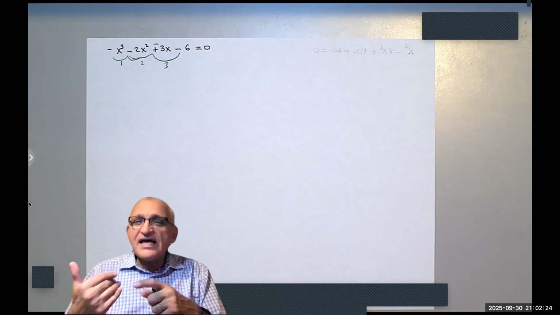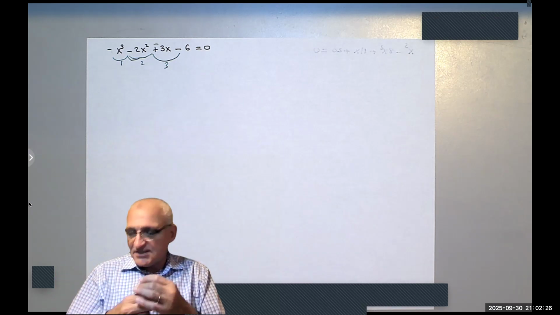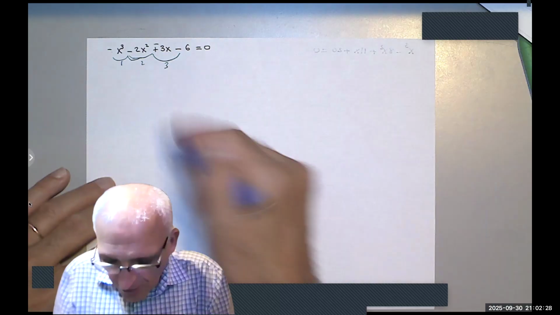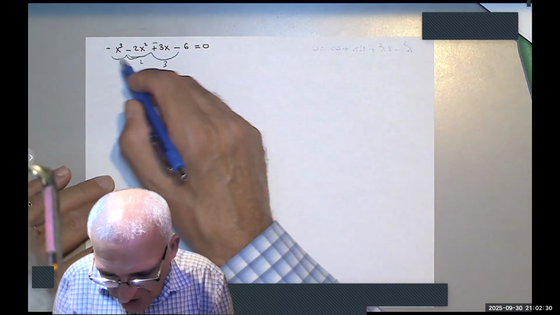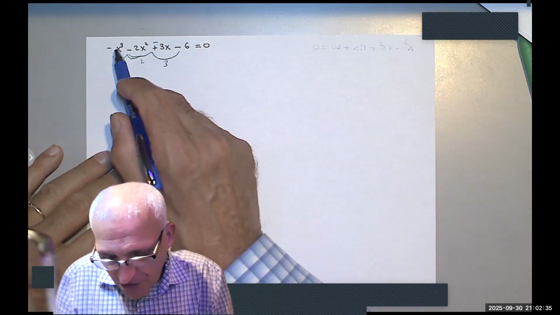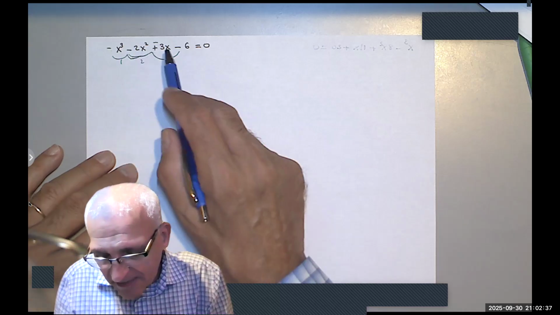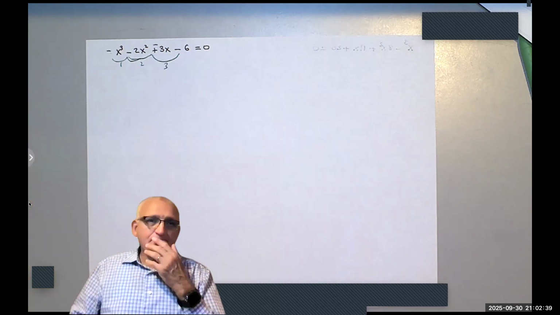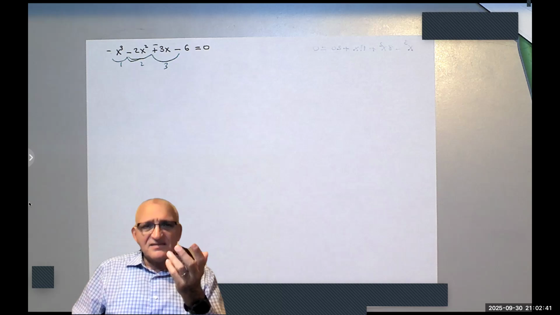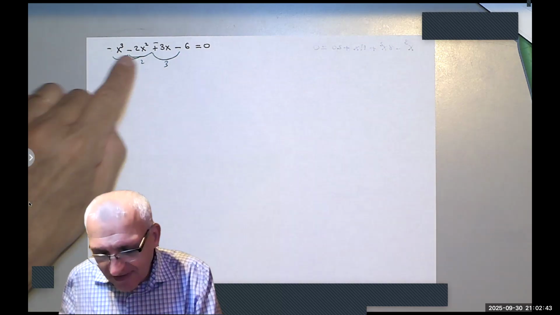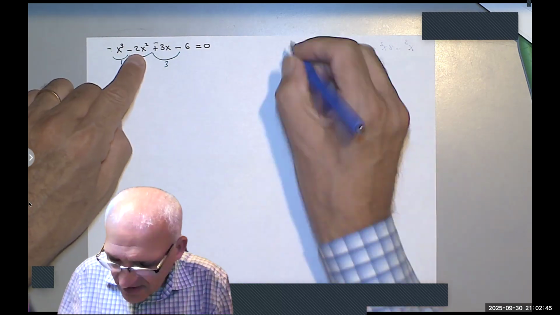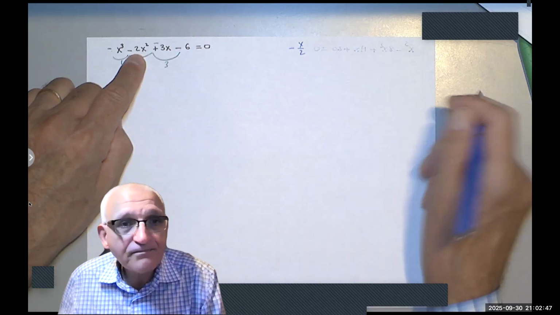If not, the second thing you have to look for is the ratio of the first two terms. Is it the same as the ratio of the third to the fourth? What is that? X cubed divided by negative 2x squared is negative x over 2, right?